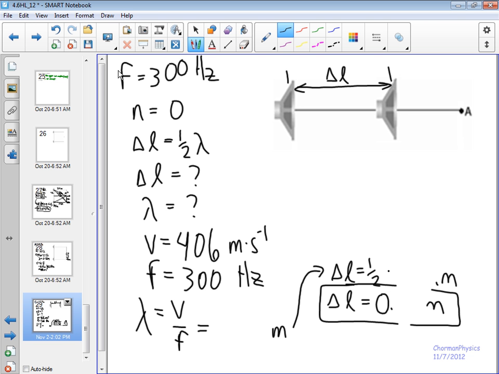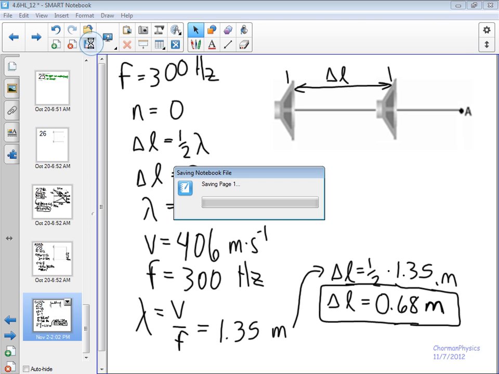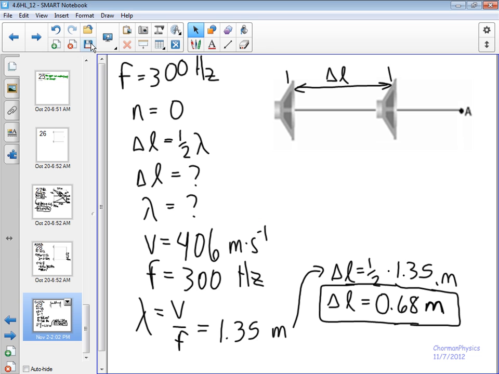Really quickly, 406 divided by 300 is 1.35, with rounding. There we go. That's what it should be. I'm sorry, quick little math error. I actually divided there in the wrong way.